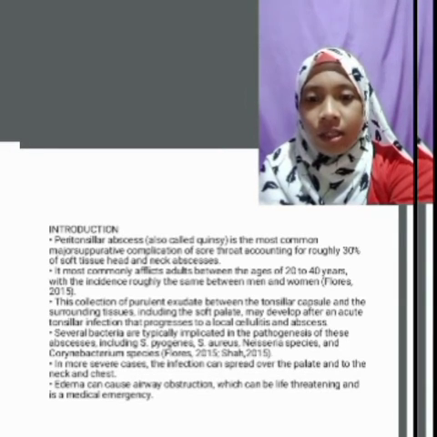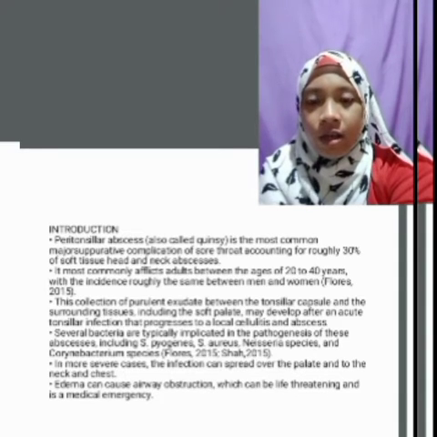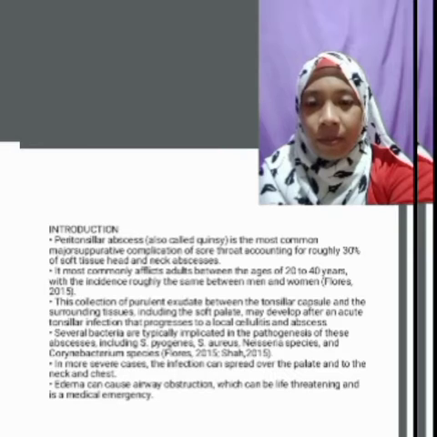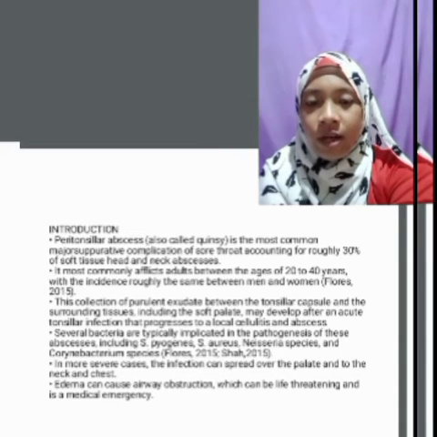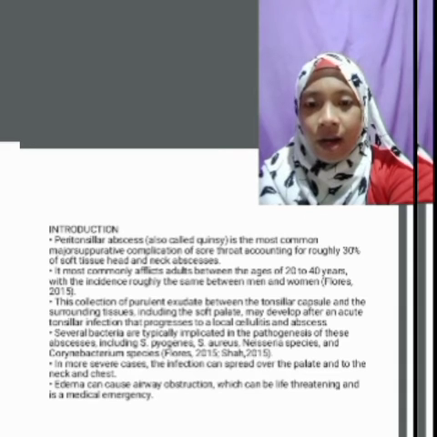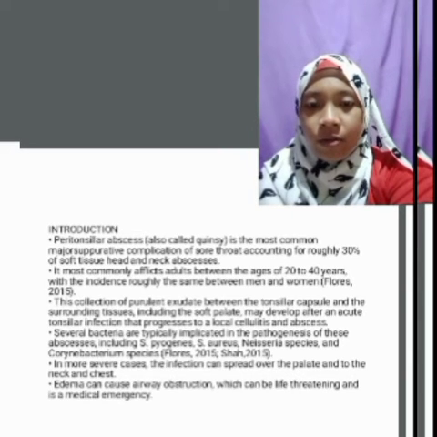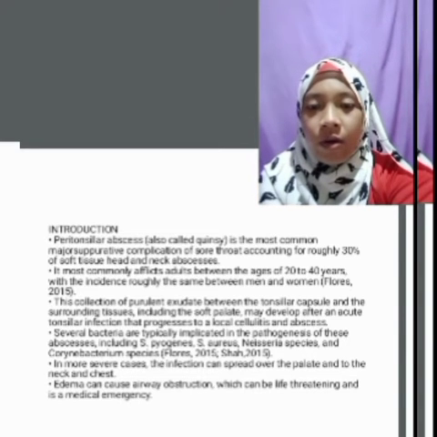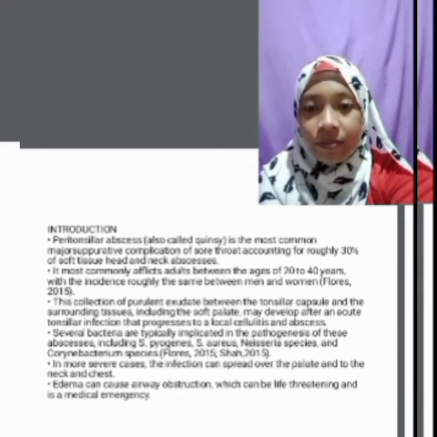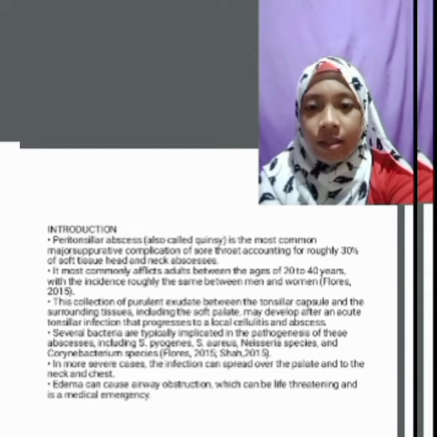This collection of purulent exudate between the tonsillar capsule and the surrounding tissue, including the soft palate, may develop after acute tonsillar infection progresses to a local cellulitis abscess. Several bacteria are typically implicated in the pathogenesis of this abscess, including S. pyogenes, S. aureus, Neisseria species, and Corynebacterium species.